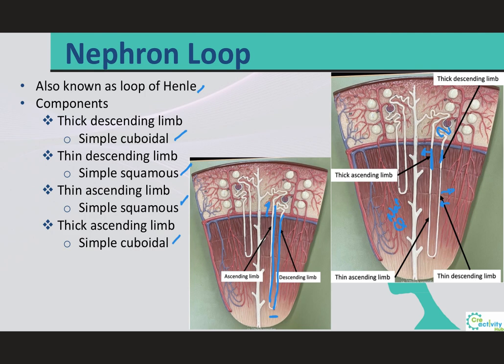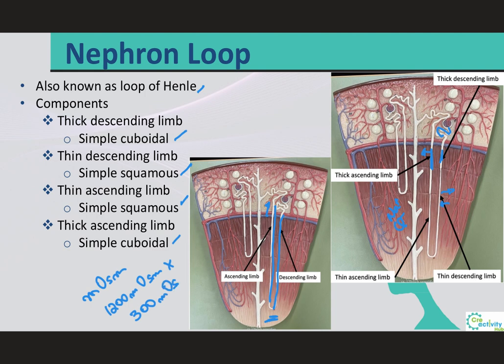This solute concentration is usually expressed in terms of milliosmoles, and near the base of the loop, in the deepest part of the medulla, the solute concentration of the interstitial fluid is 4 times that of plasma. So 1200 milliosmoles for the interstitial fluid versus 300 milliosmoles of plasma.